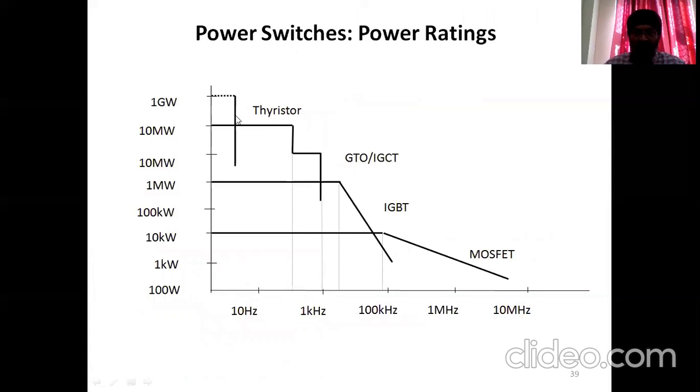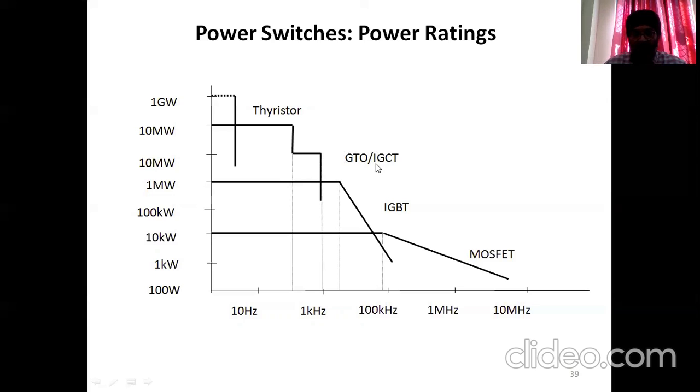Now the switch comparison. For very high power rating, SCRs are normally used, at a very low frequency band. If we want to increase the frequency of operation, we need to lower the power rating. GTOs and IGCTs fall in this category.